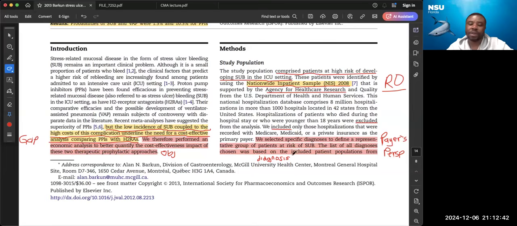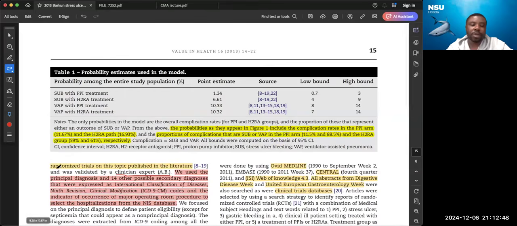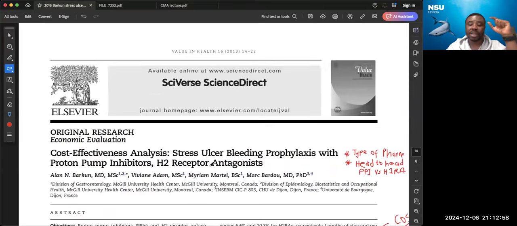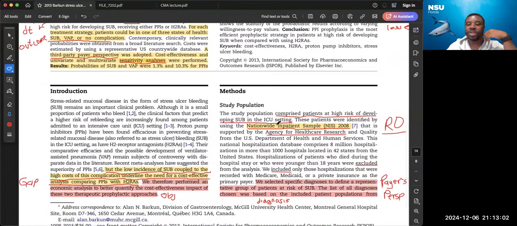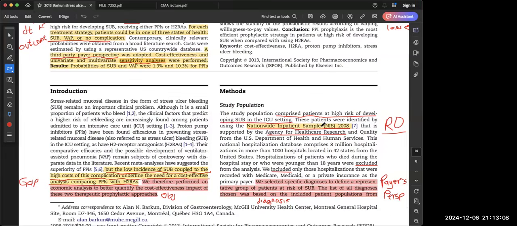The list of all diagnoses chosen was based on the included patient population from randomized clinical trials on this topic published in literature. They recruited the patients from the nationwide inpatient sample, which is where they have the data from.